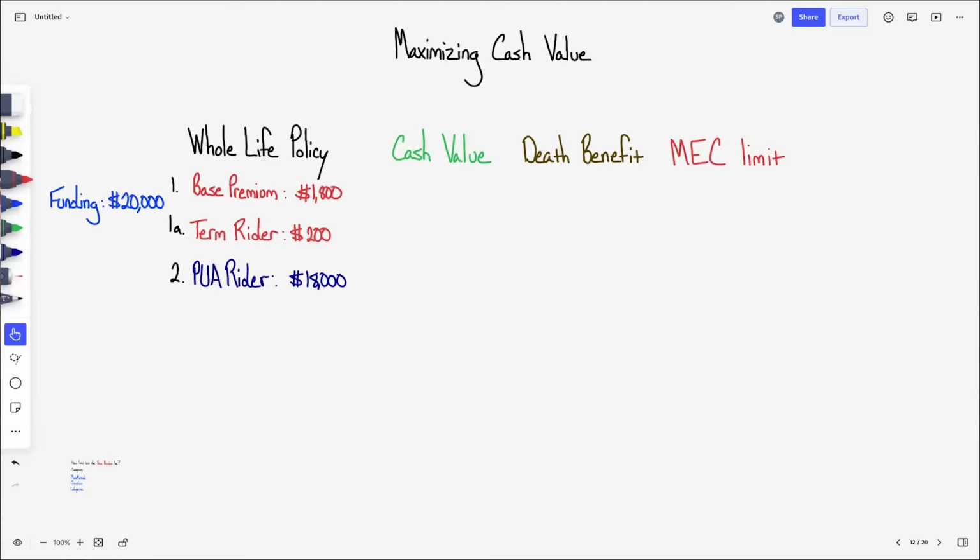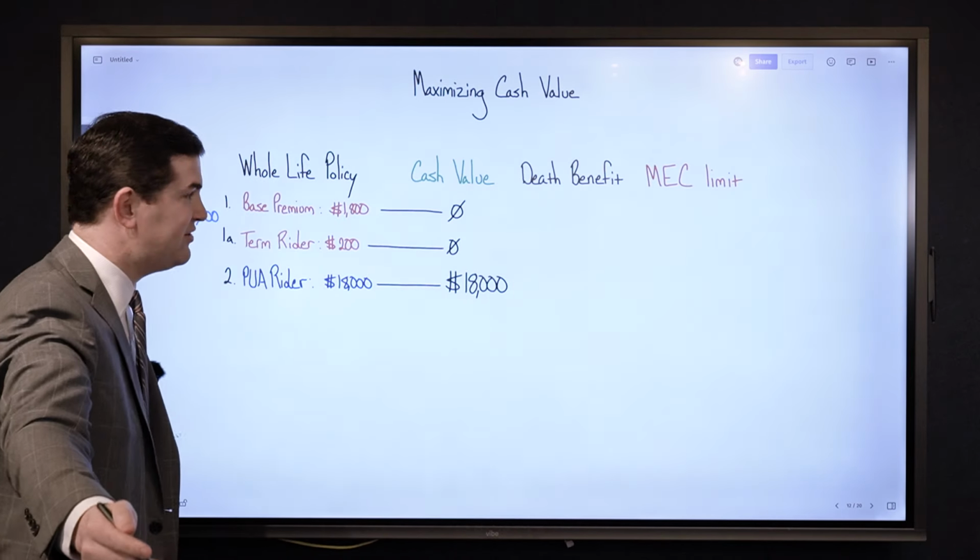Will depend on my age, but it's minimal. So what this does for me now is the premium piece does not build any cash value. The term rider piece does not build any cash value. But the PUA piece does build cash value. So I'm at that same $18,000 figure that I was in the last example.